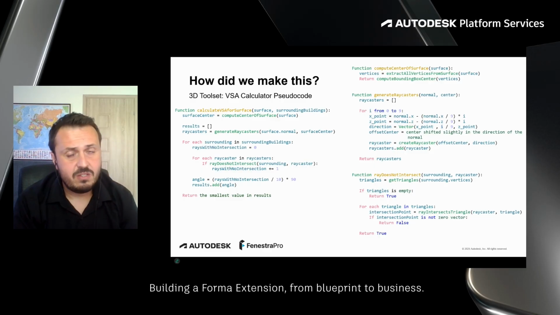This triangles list is also filtered. We are not getting every single triangle from the surrounding building. Obviously, the part of the surrounding building that is below my surface cannot really obstruct my vertical sky angle, so we are filtering out these triangles.